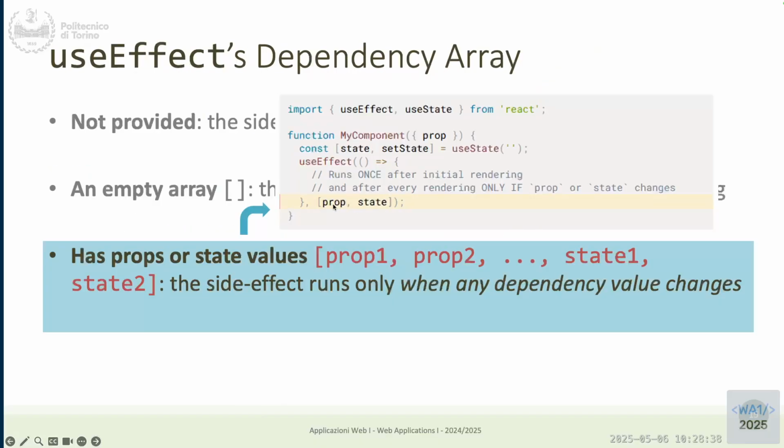Just beware, it will also run the first time, at mount. So actually, when the component mounts, all the effects are always run. All the useEffects are run at least once at the beginning when the component is mounted. Then, according to the second argument, we decide when and whether they will be run again.